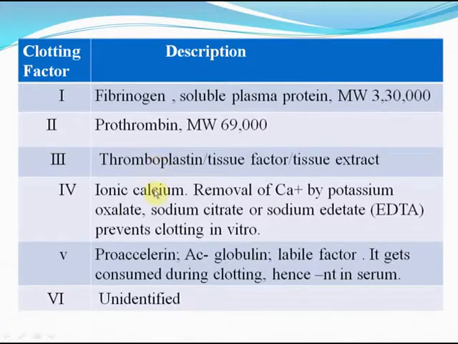Fourth one is calcium ions, a factor in the clotting of blood. Fifth is a coagulation factor. It's absent in serum. Sixth one is unidentified, or you can say it's hypothetical.